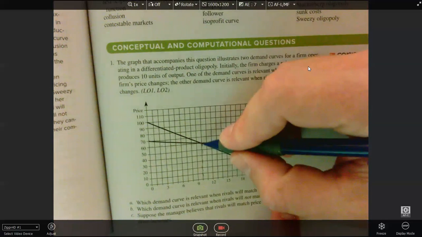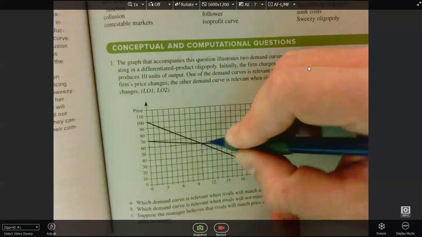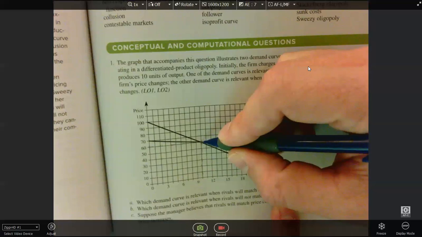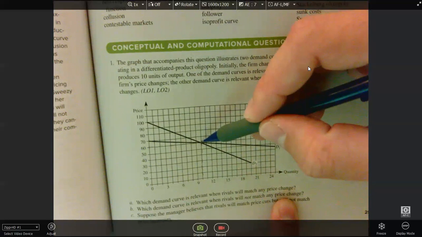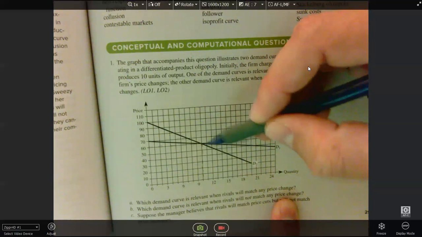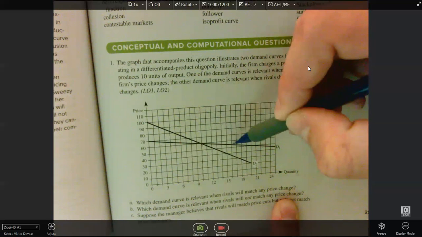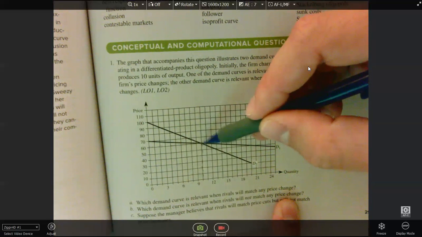So if we start out at this point and they're going to be matching the price decreases, does it make sense that my demand curve is going to be steeper or flatter? Steeper, absolutely.